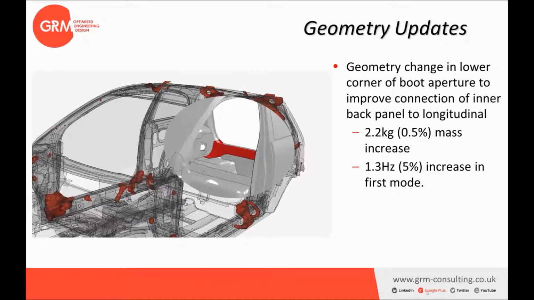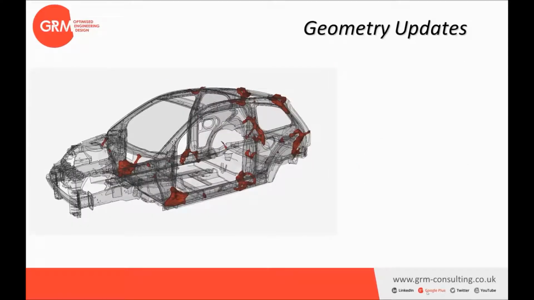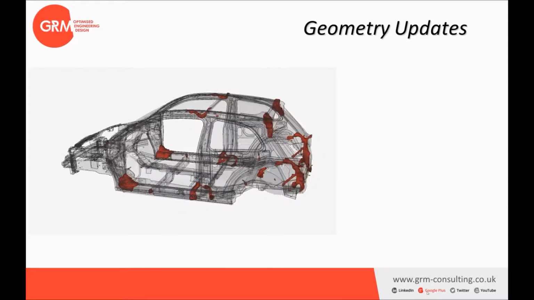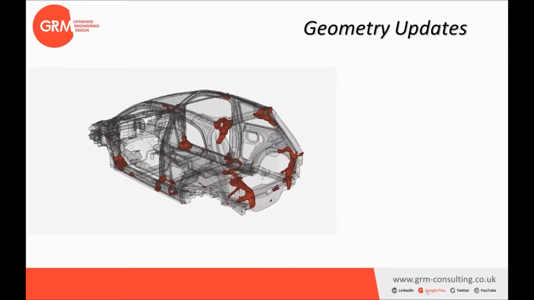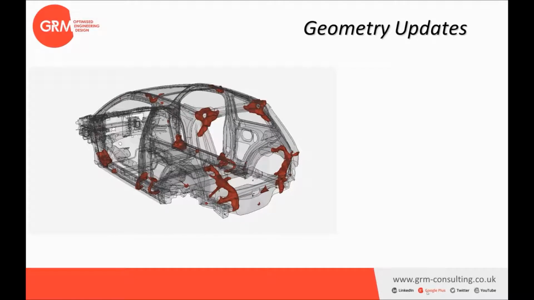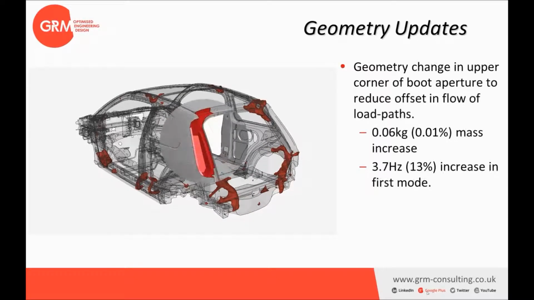This has increased the first mode by 5%, but has increased the mass only by 0.5%. Looking at the upper corner of the boot aperture, we have in the same way tried to improve the load path between those two parts.